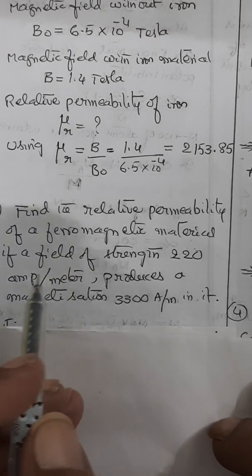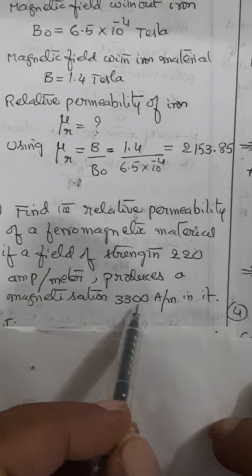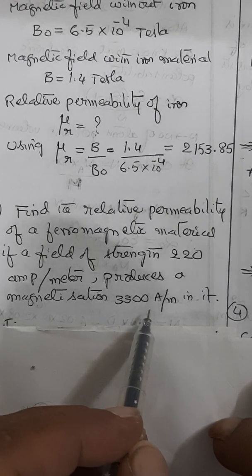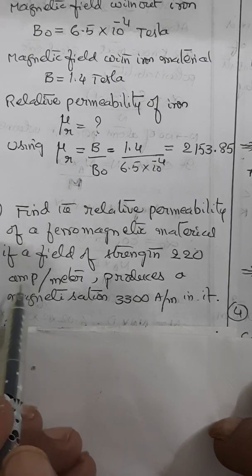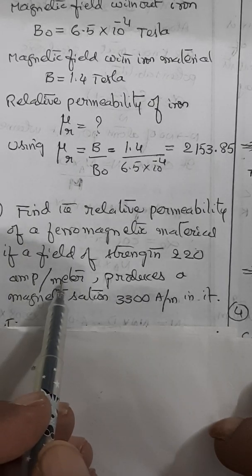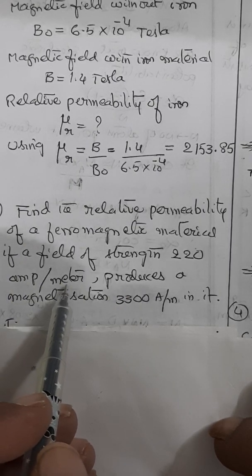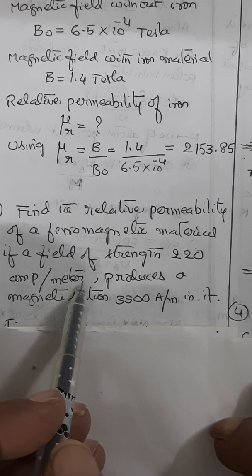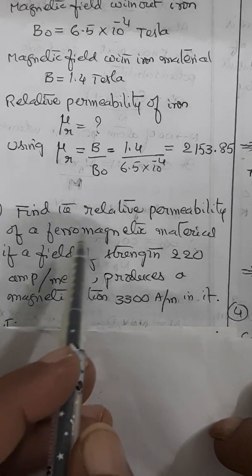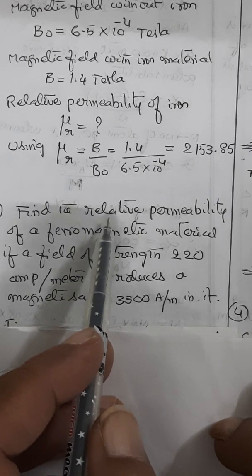So this 3300 ampere per meter is the magnetization, M value. And also, what is this 220 ampere per meter? This is field strength of a given magnetic material. H value is given. So we have to calculate relative permeability, mu r.